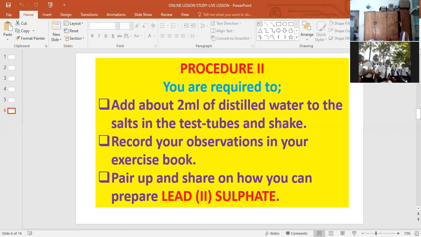We need to prepare some salt known as lead 2 sulfate. You will decide on the reagents that you will need to prepare lead 2 sulfate. I believe we have given you all the chemicals and apparatus that you will require, and therefore there will be no problem.